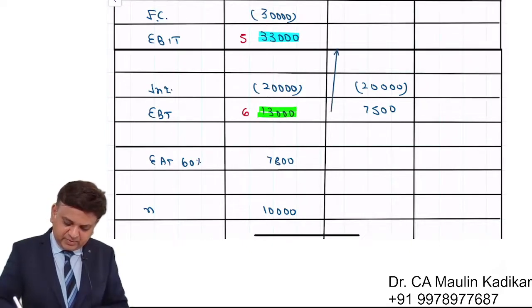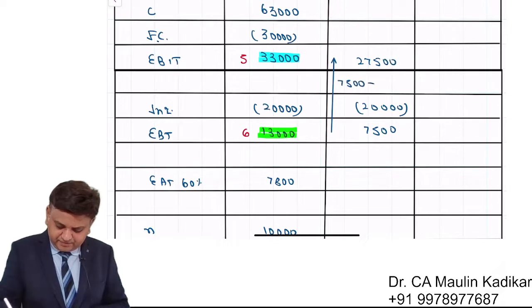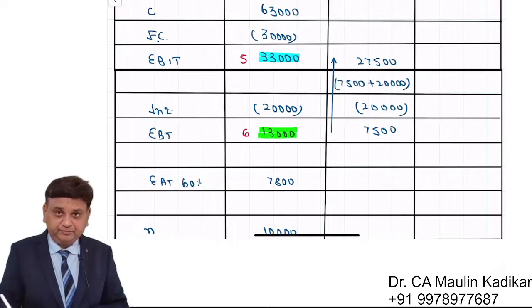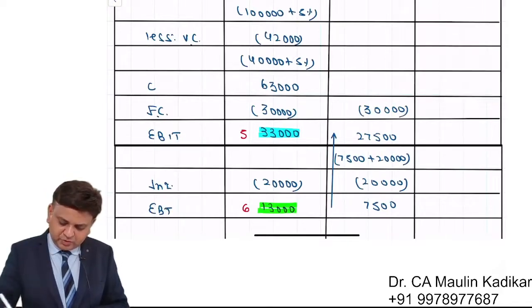Amount of EBIT is 27,500, that is 7,500 plus 20,000. Fixed cost no change, 30,000. So again contribution is found as a balancing figure. Amount of contribution is 57,500.